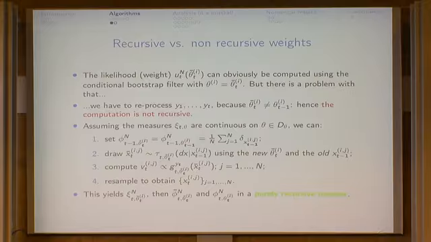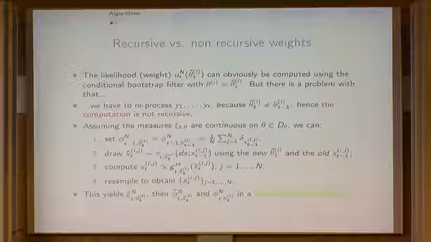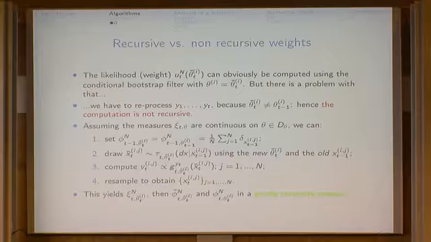In this way, we obtain approximations for psi, the predictive measure in the state space, and for the optimal filter, all of them conditional on the parameter in a purely recursive manner. So we never need to go back to time zero and recompute anything. Now the question, of course, is, does this make sense? Does it work?